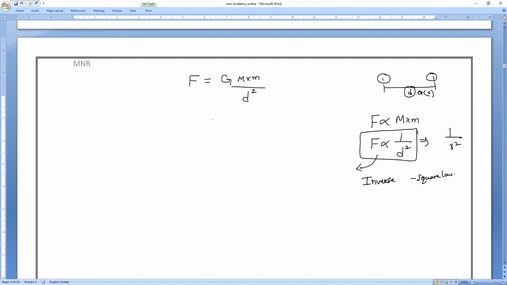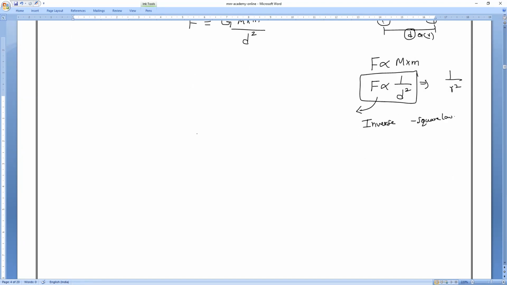And we have studied the units of G and everything. Now let us see how this inverse square law happens and what its deduction is, how Mr. Newton arrived at it. All of you observe: while arriving at the inverse square law for forces under gravitation, Newton made some assumptions about planetary motion.